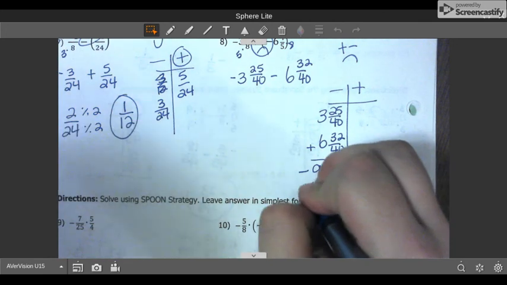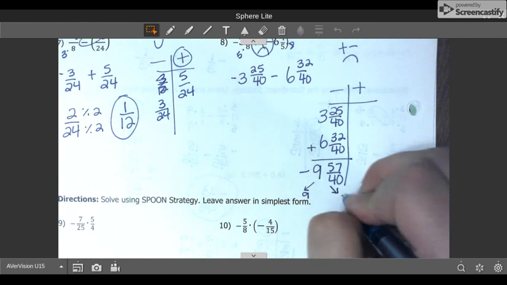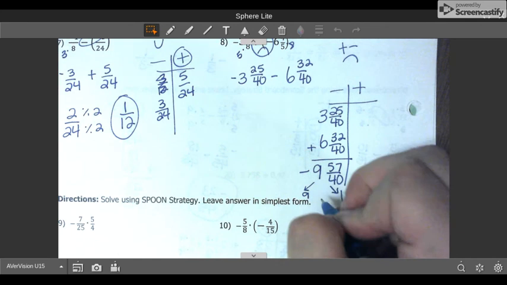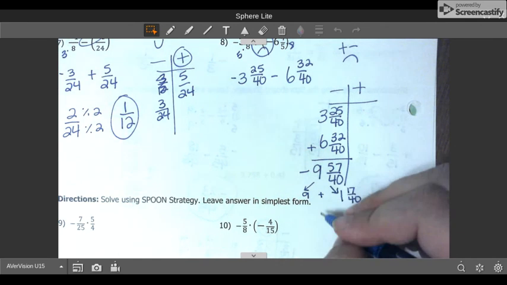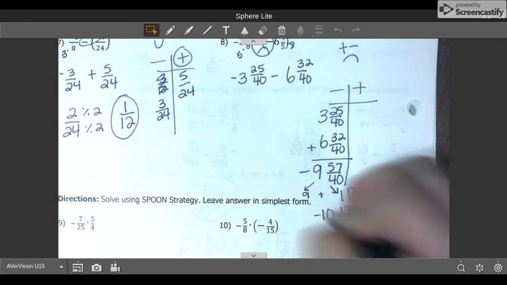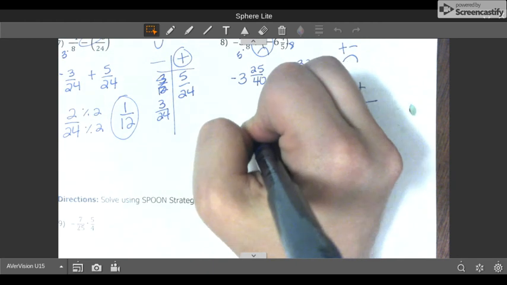So this bit is 9. This bit is 1 and 17/40. So total, this makes up 10 and 17/40 under the negative symbol. So the answer here will be negative 10 and 17/40.